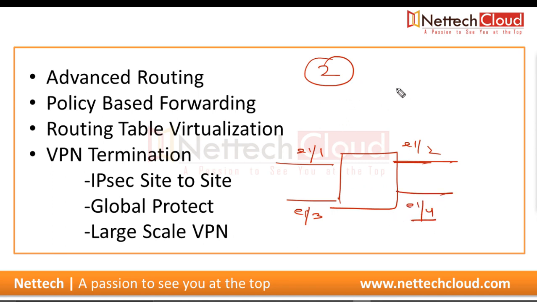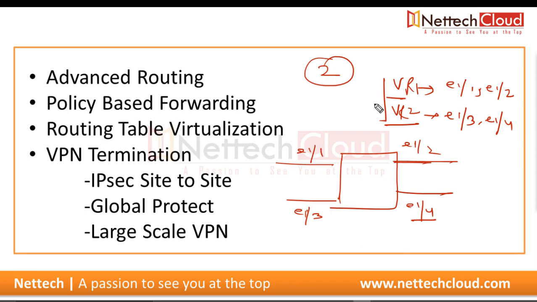So virtual router 1 has Ethernet 1/1 and 1/2, and virtual router 2, a different routing table, has Ethernet 1/3 and Ethernet 1/4. So yes, supported by the Palo Alto firewall.